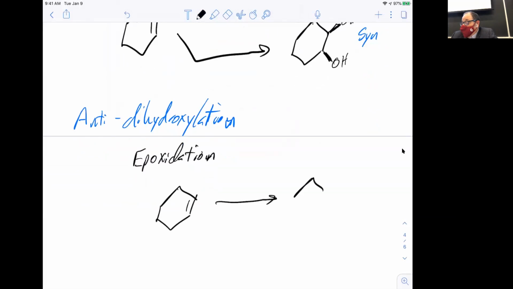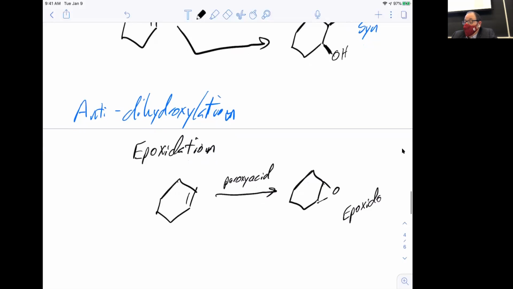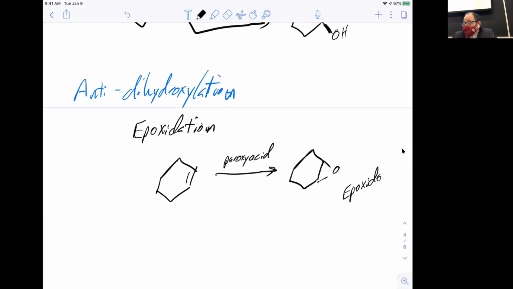An epoxide is a three-membered oxygen ring. What we need to do is reaction of peroxy acid.